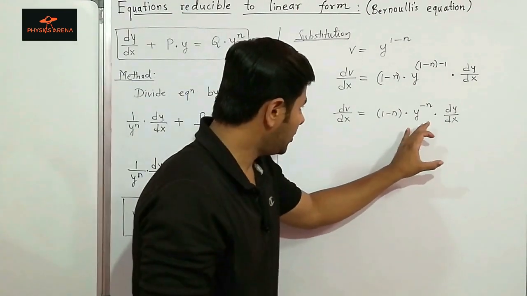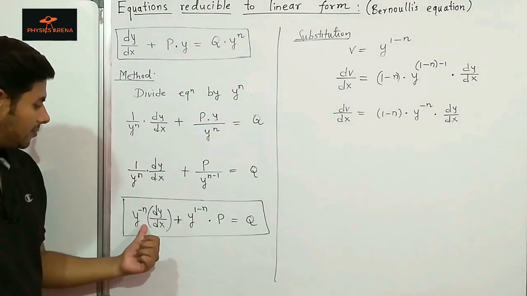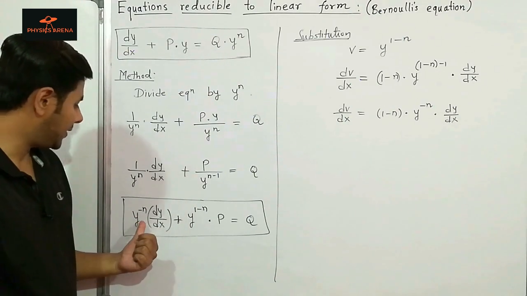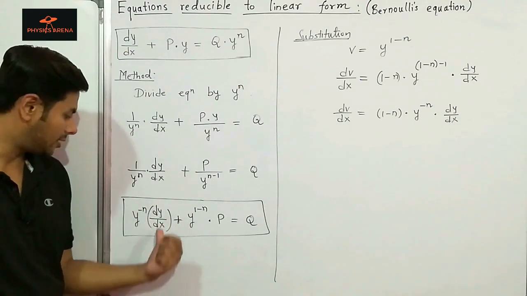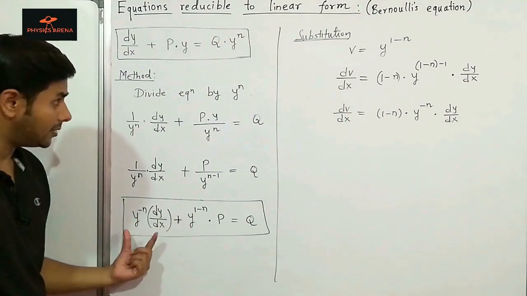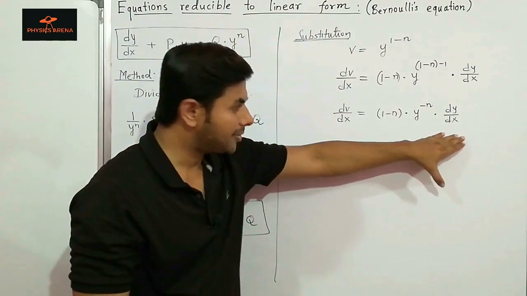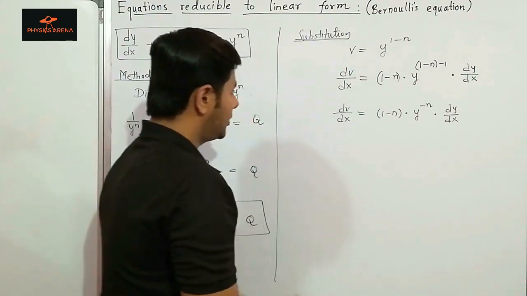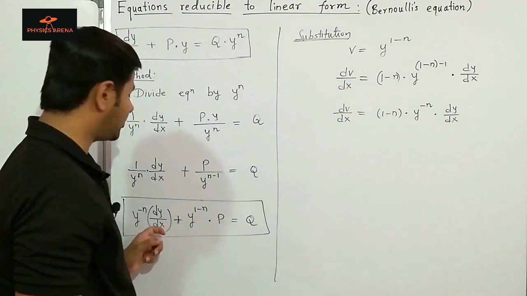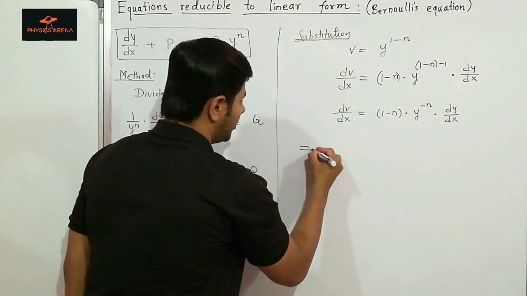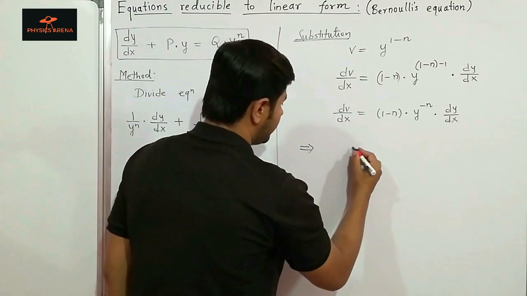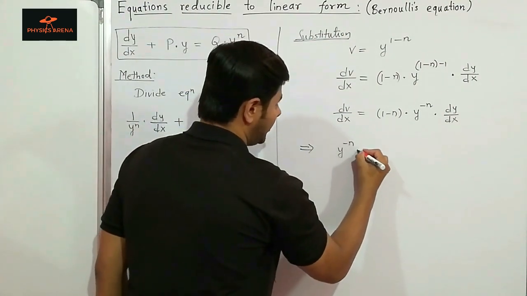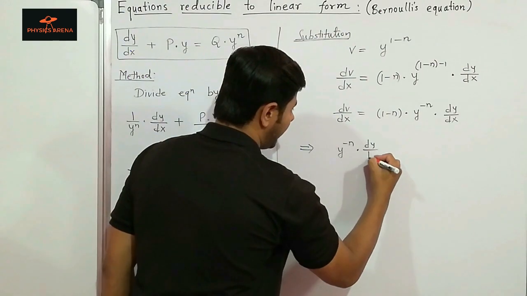So if you look at this term, we have y raised to minus n multiplied by dy by dx here. So we have the same term here. That means we can substitute this dv by dx in place of this term. So this is y raised to minus n multiplied by dy by dx.